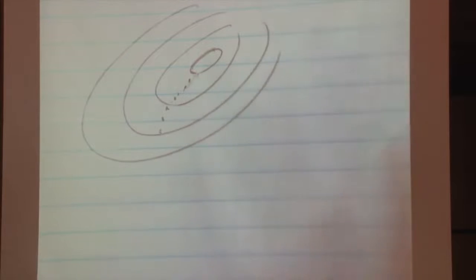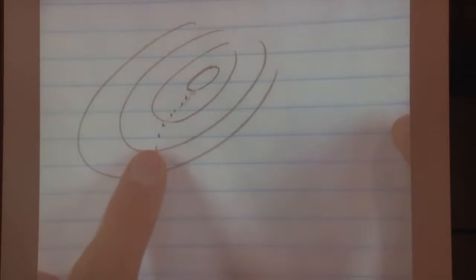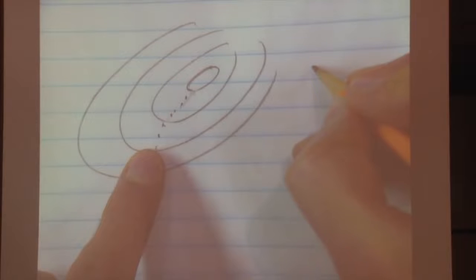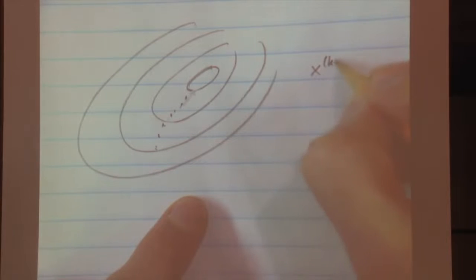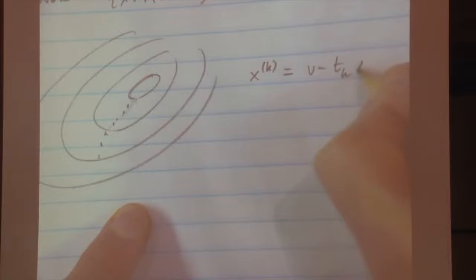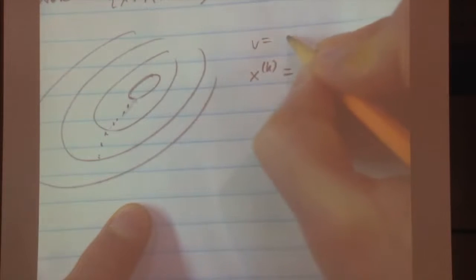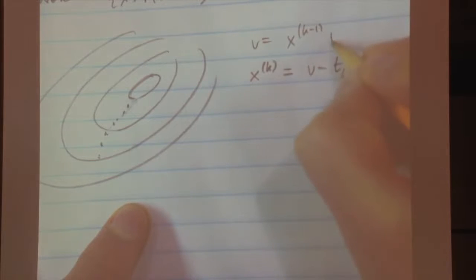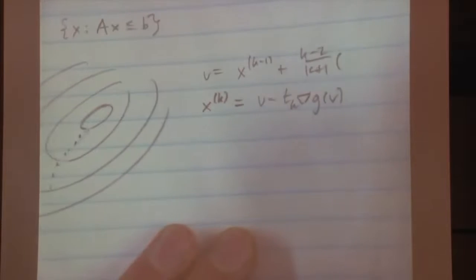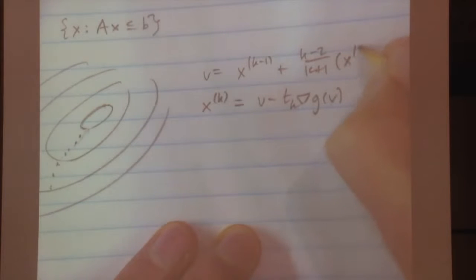But I'll rephrase the question, which was that let's suppose my updates were just as follows. xk is equal to v minus tk grad g of v, where v is equal to xk minus 1 plus (k minus 2) over (k plus 1) times (xk minus 1 minus xk minus 2).